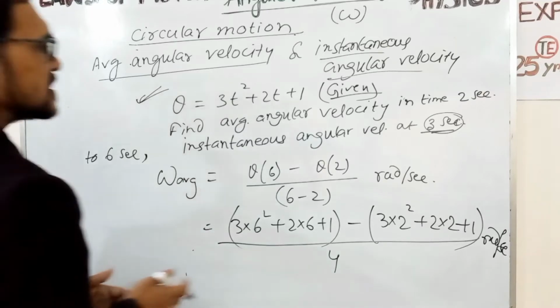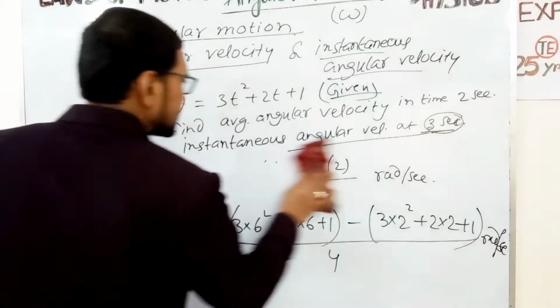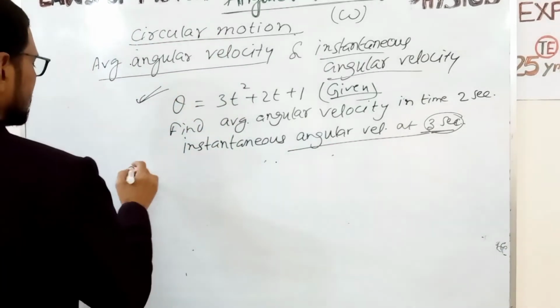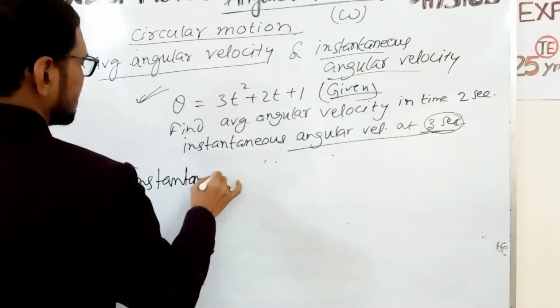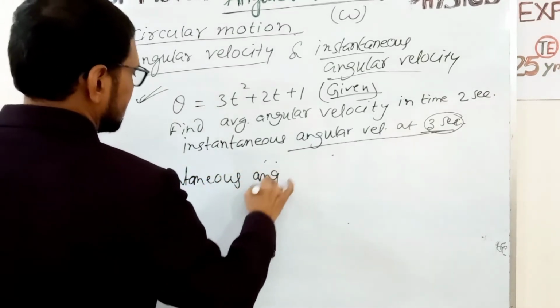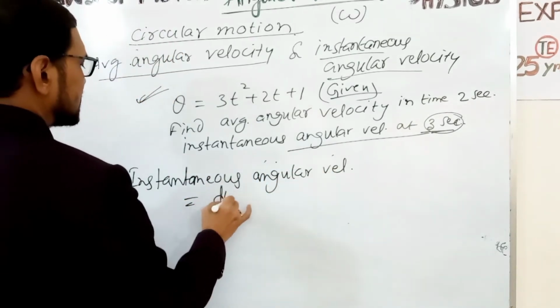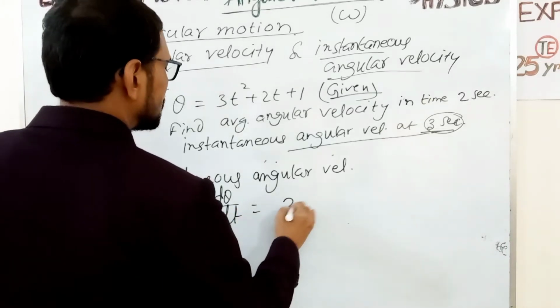Now what is the instantaneous angular velocity? Instantaneous angular velocity is d theta by dt. So instantaneous angular velocity equals d theta by dt, which is equal to 3 into t square.